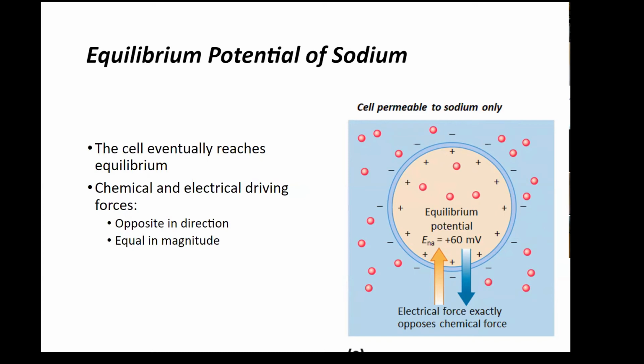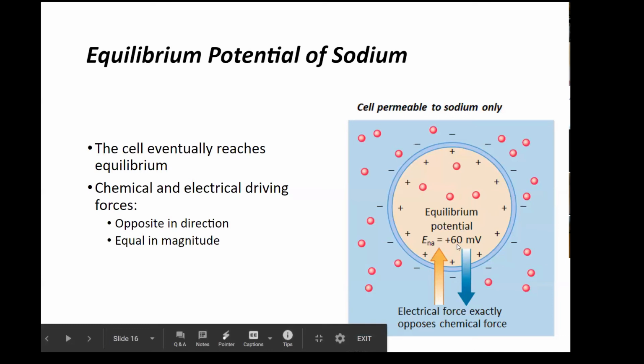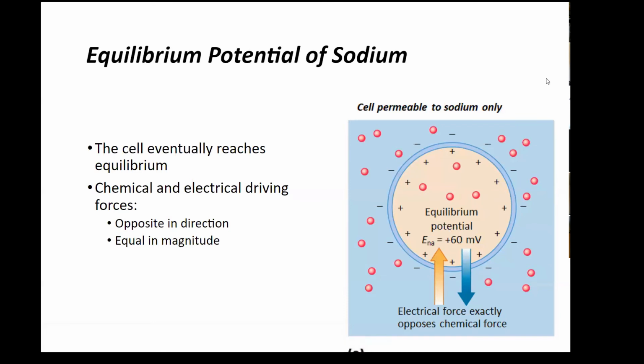Now, the equilibrium potential for sodium is positive 60. So if we're tracking just sodium for this cell, that's how high we would get before we have an electrical force, a big enough positive charge in the cell, that we're repelling our sodium exactly as strongly as we are pulling it in with this chemical force.